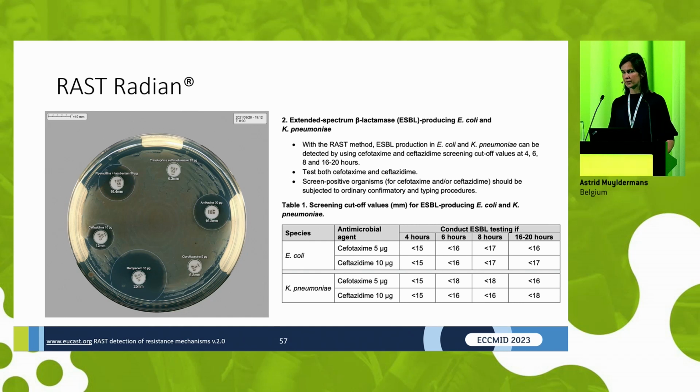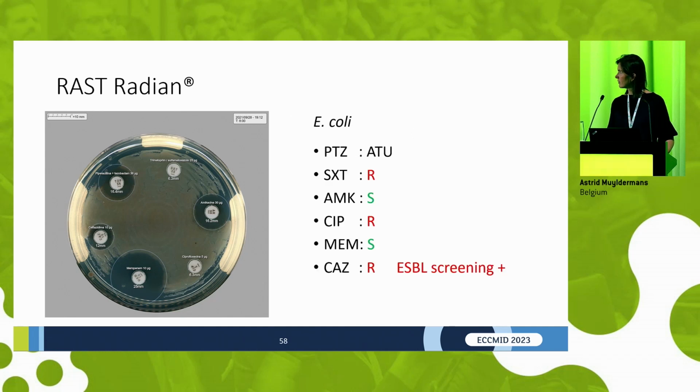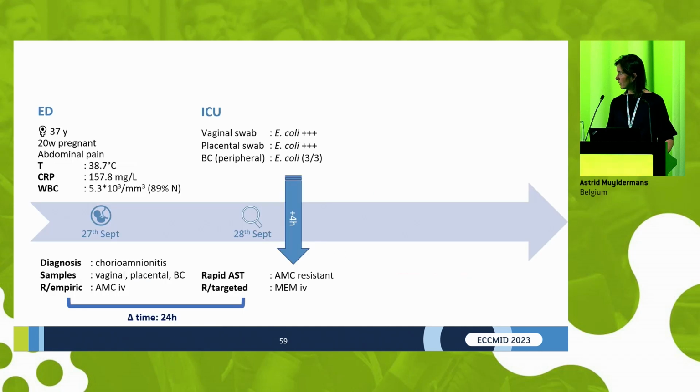But you do have a screening system for ESBL, and based on ceftazidime, we saw that the strain was ESBL positive. So we changed therapy to meropenem. The day after, it was also confirmed by the standardized AST that it indeed concerned an ESBL-producing E. coli. So we gained at least 1 day by implementing the rapid AST.